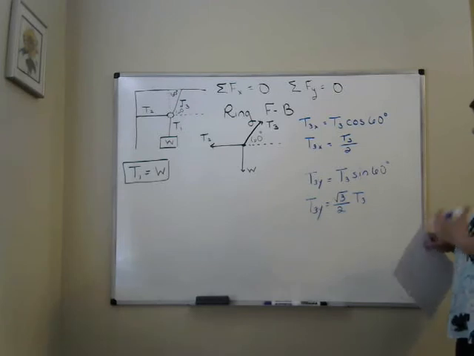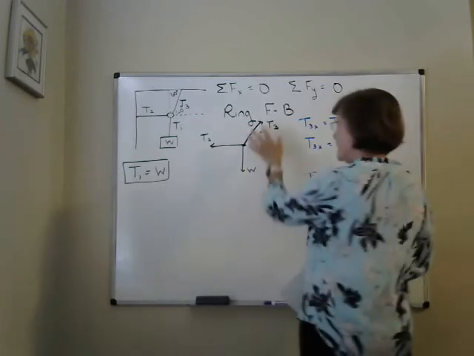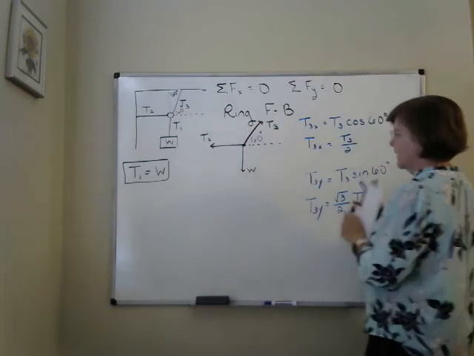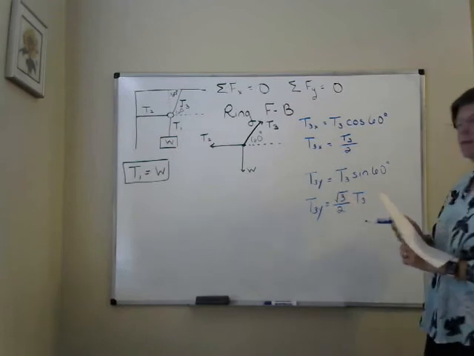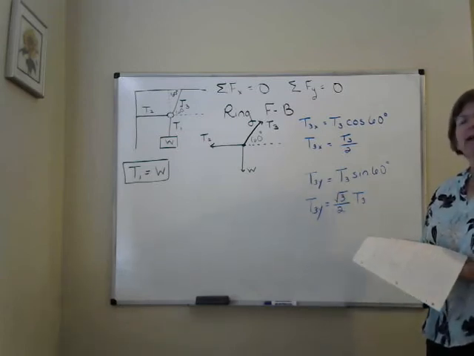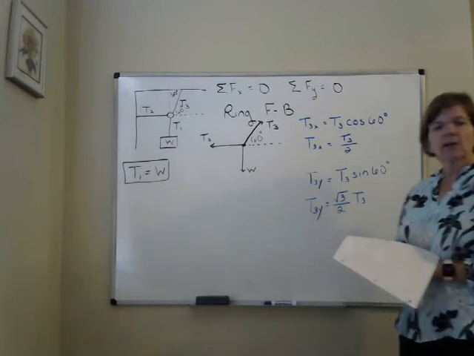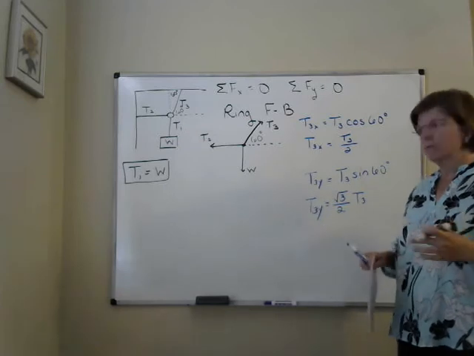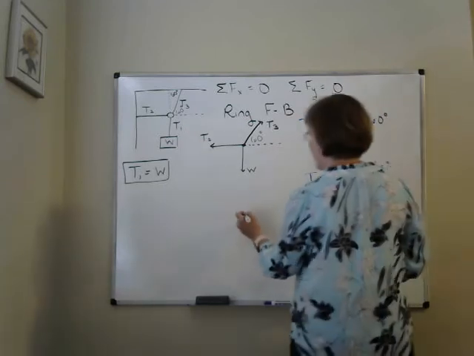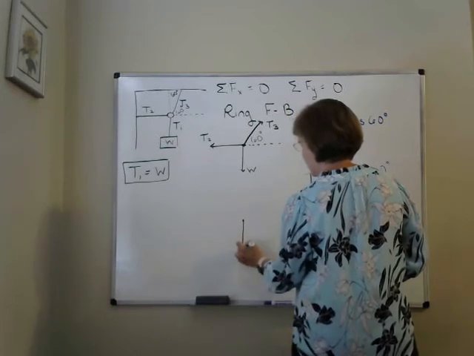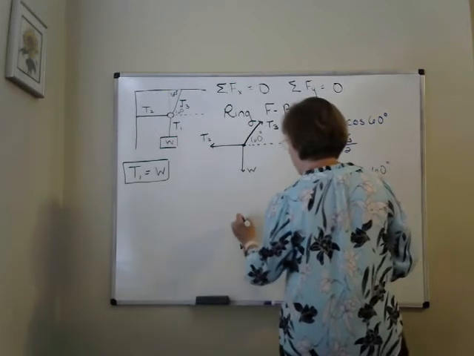Well, the whole point in getting the components is that you can now make a new free body diagram if you like. The original free body diagram is correct. You should always draw free body diagrams showing the forces acting, not necessarily the components. But once you've got that, you may want to draw another one. So now we have this. We have W pointing down.